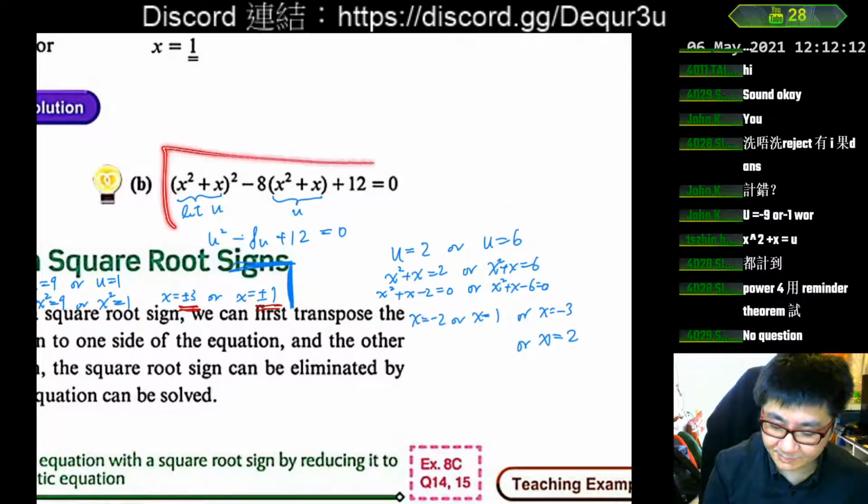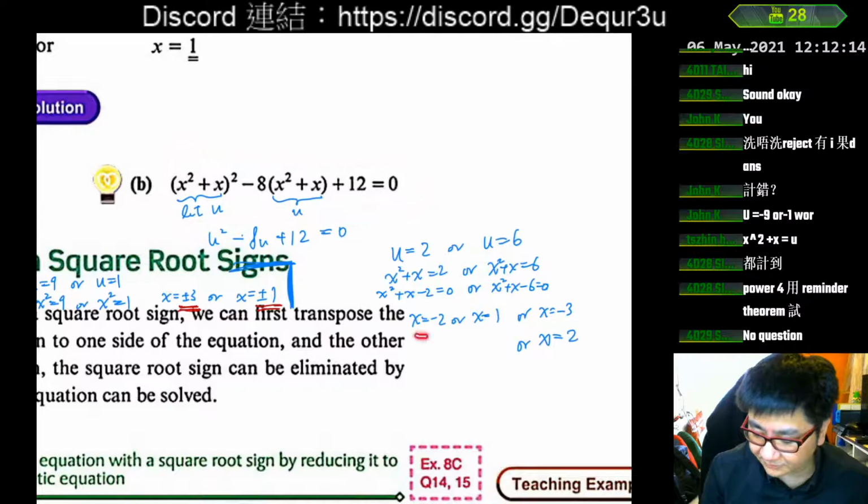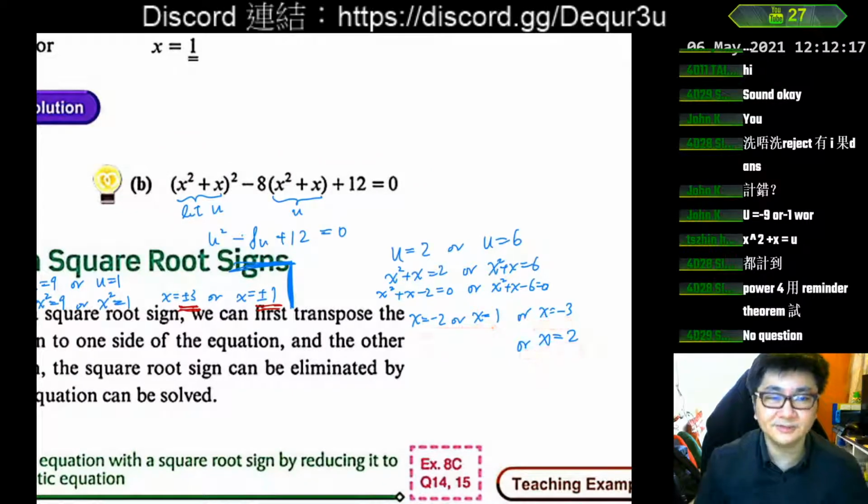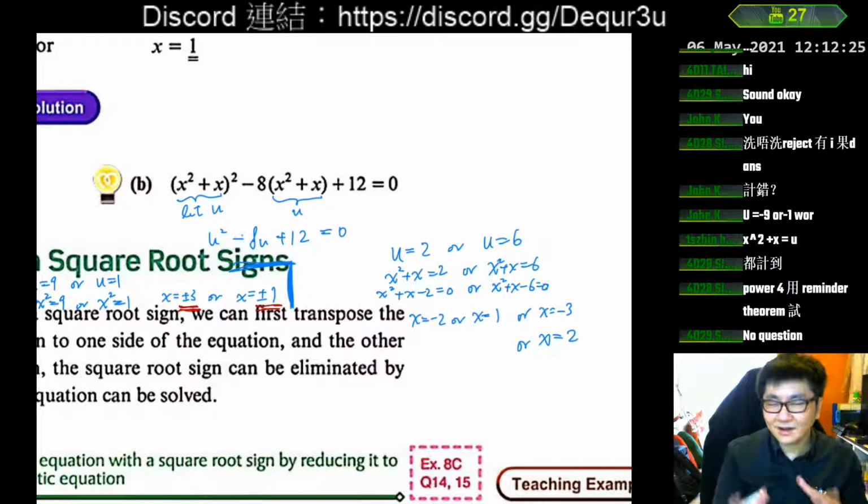While part B, a degree 4 equation, we can have at most 4 roots. Why do I say at most? Because sometimes for some parts of the equation there are no real roots, so in that case some of them may be missing.